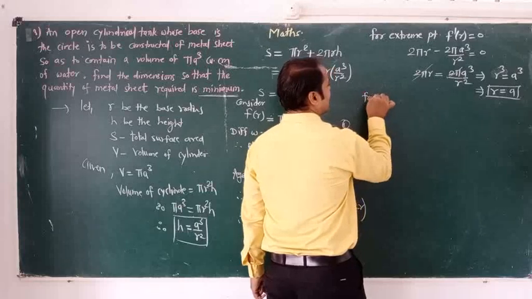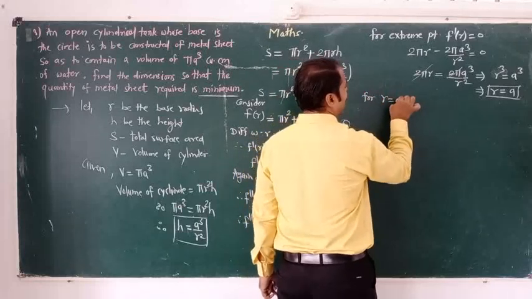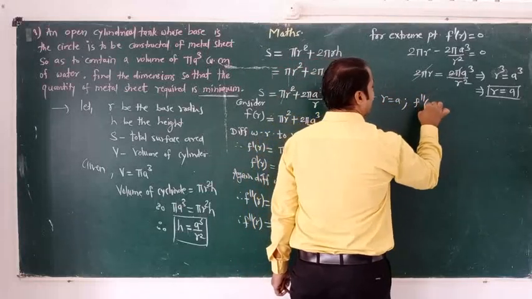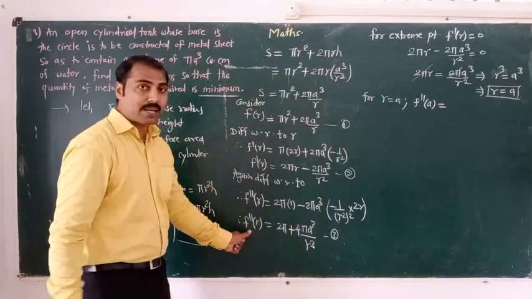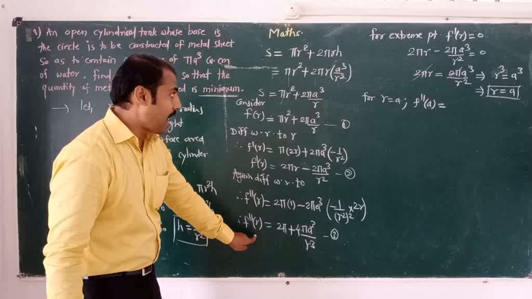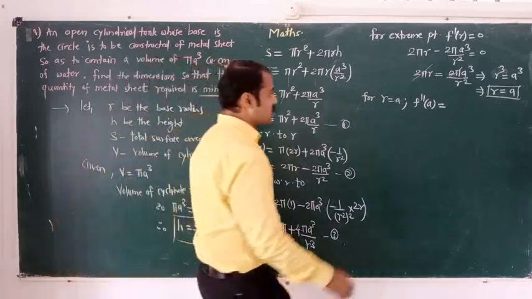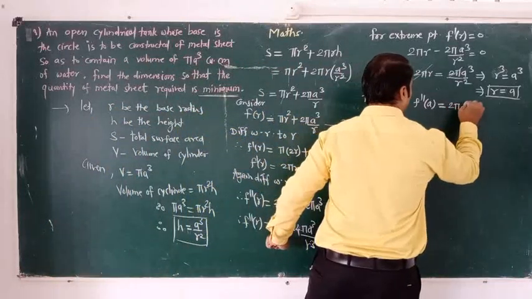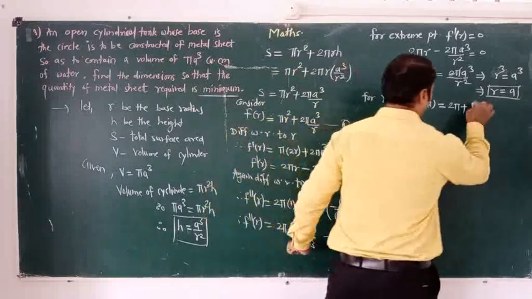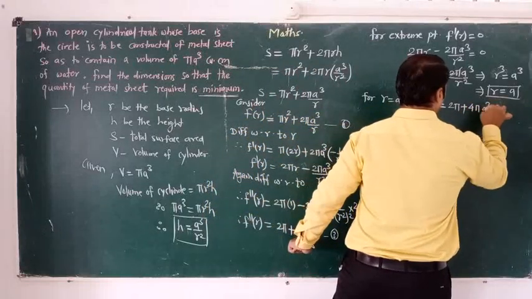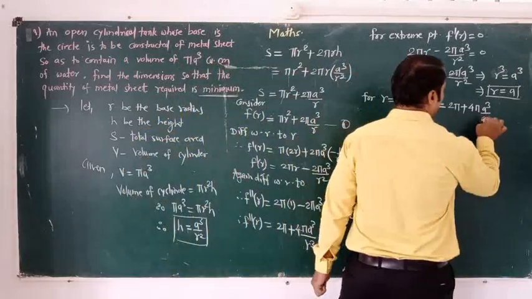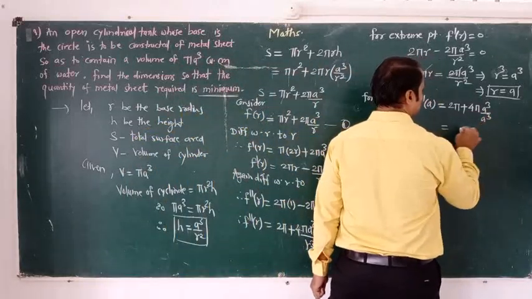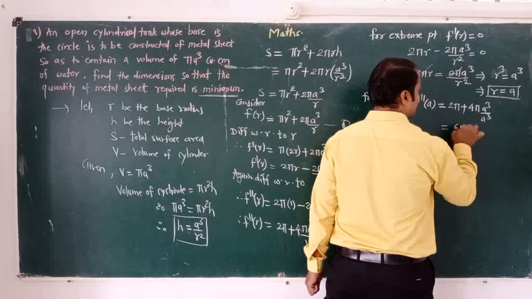Now check f double dash of R. For R is equal to a, f double dash of a is equal to, here is f double dash of R. Replace R by a. So it's 2 pi plus 4 pi a cube divided by a cube, a cube gets cancelled. 4 pi plus 2 pi, it's 6 pi.